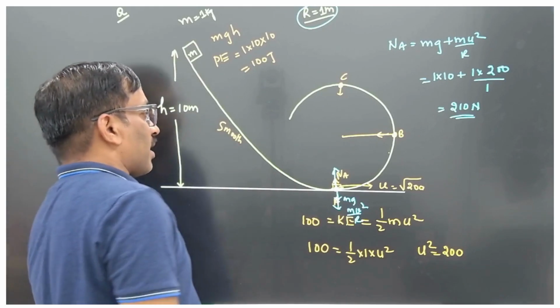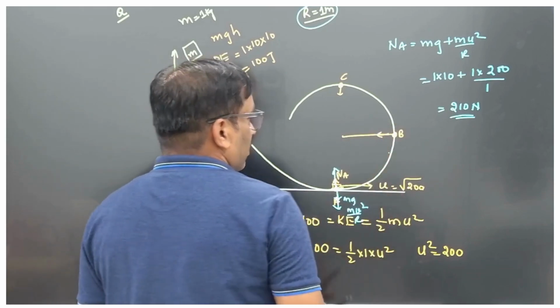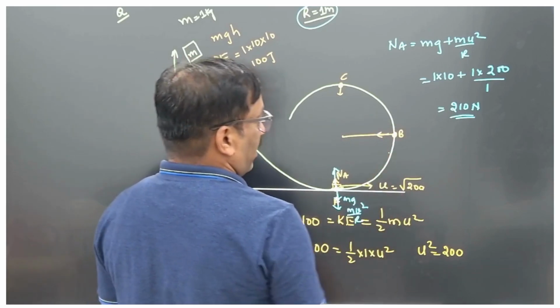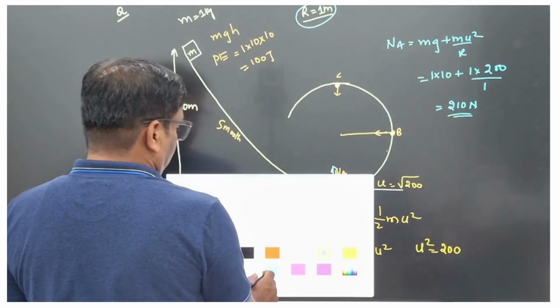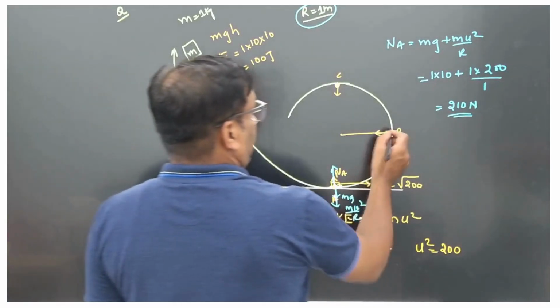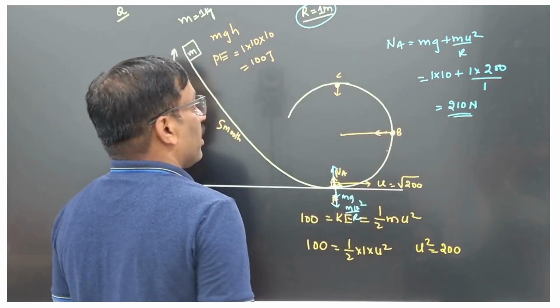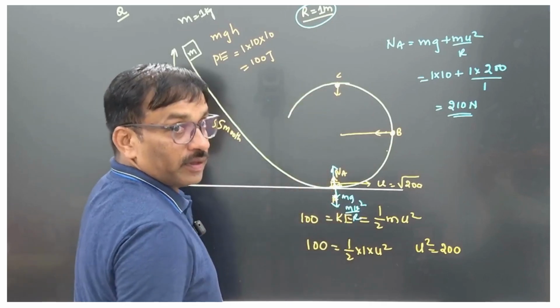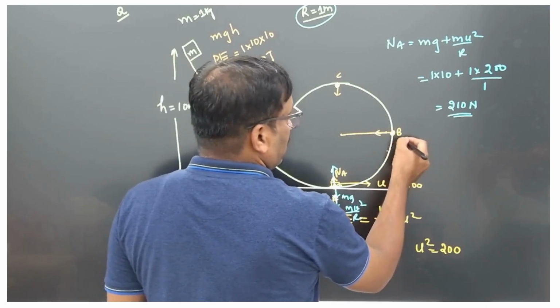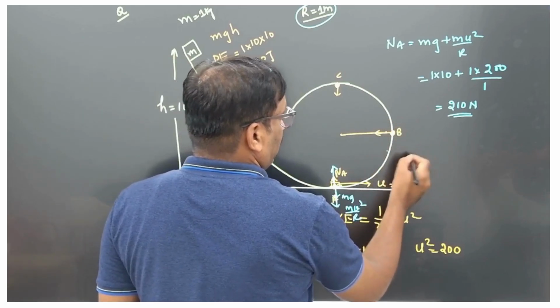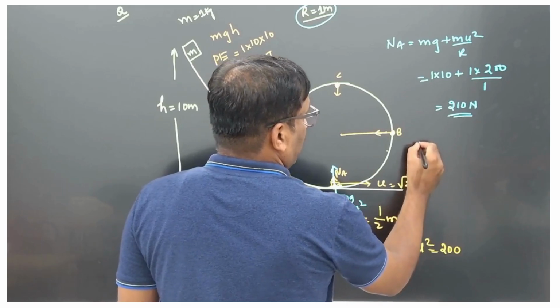Similarly, we can calculate the normal reaction at B, exactly as we calculated. Similarly, we can calculate the tension, the normal reaction at B and the normal reaction at C. Like we calculated tension, the tension can be calculated here. You know u. So what will be the normal reaction at B?